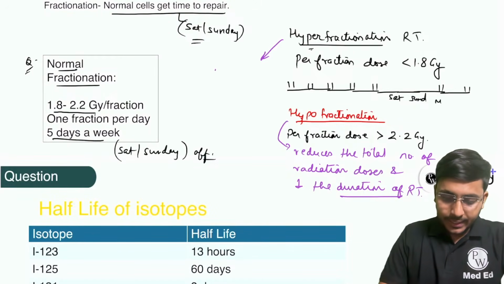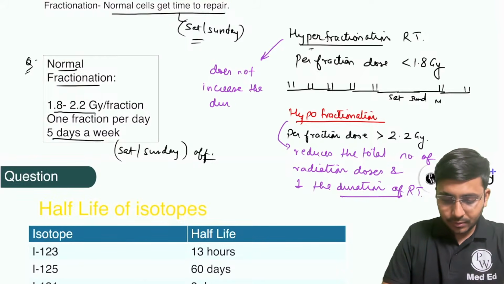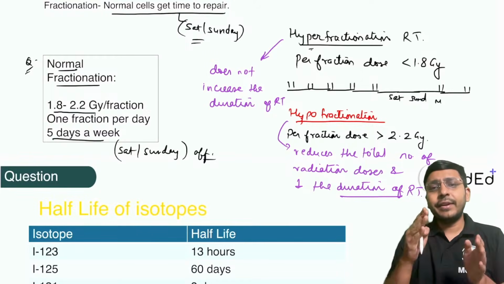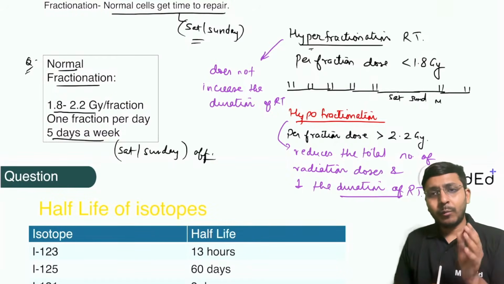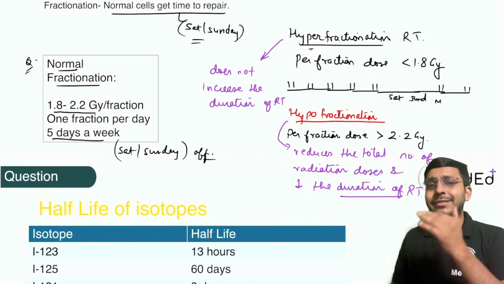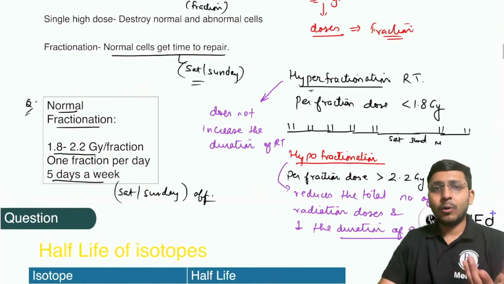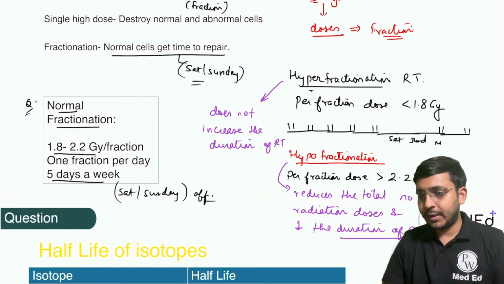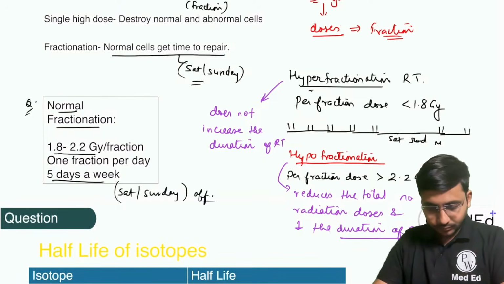No, it does not increase the duration of RT because you are giving twice dose per day. पहले एक दे रहे थे, अब 2 दे रहे हो, कम दे रहे हो but 2 बार दे रहे हो, morning evening. So this is hyperfractionation. Okay, थोड़ा boring part होता है radiotherapy का, but we have to bear with it, right? Because one question from radiotherapy is guaranteed in NEET PG.